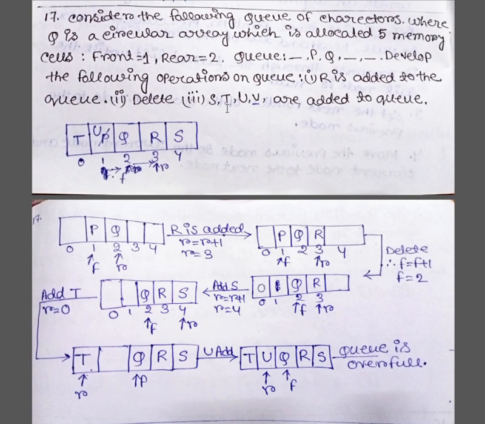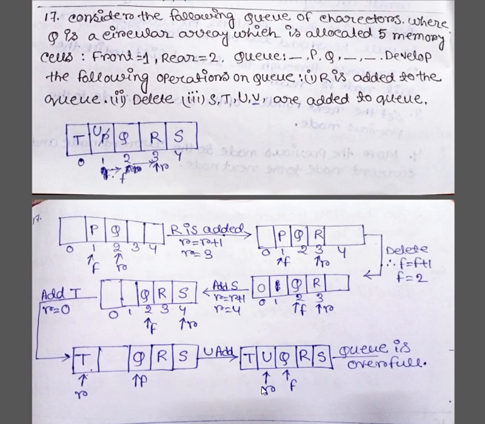Then T. Suppose this is a circular queue. Sorry, it is given that this is a circular array. This is a circular queue. So now from this the R will go to here. While inserting this T, the R will be going to here. At the first position, the T will be inserted. And then U. Then U will be inserted here.